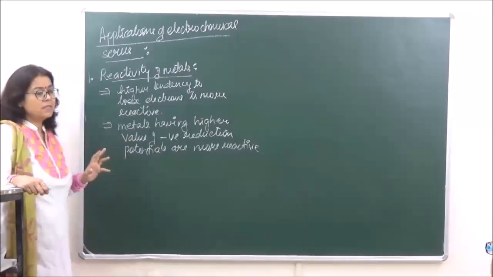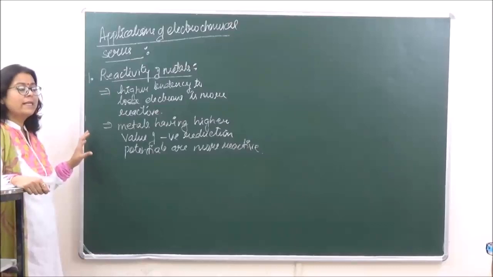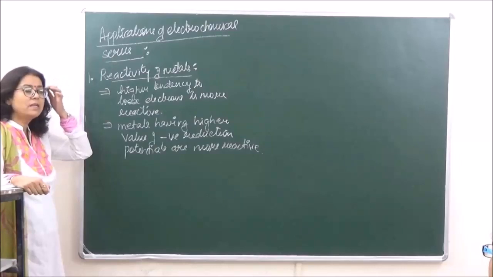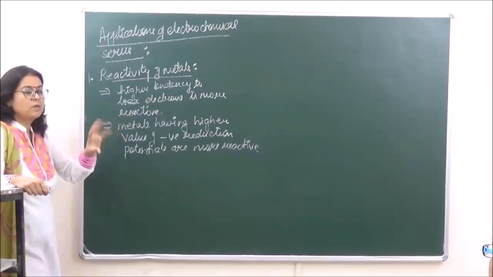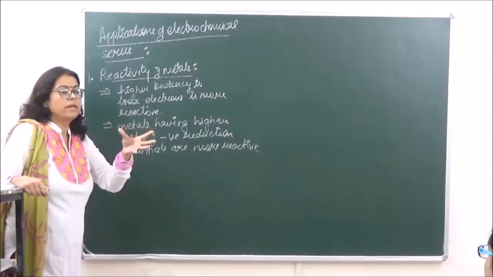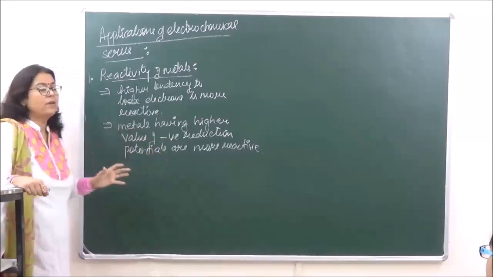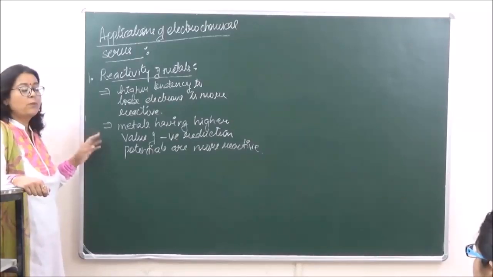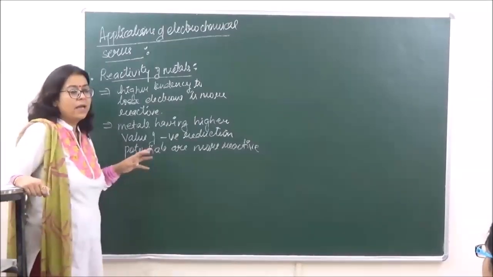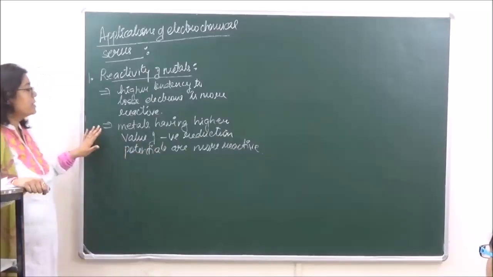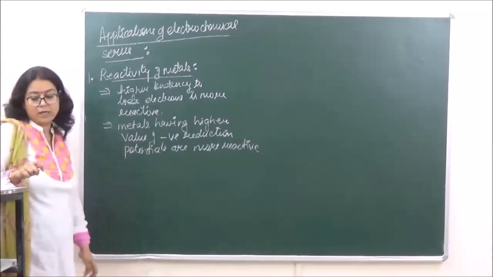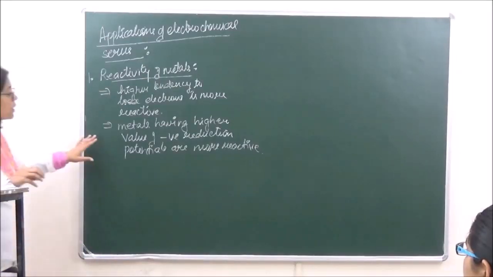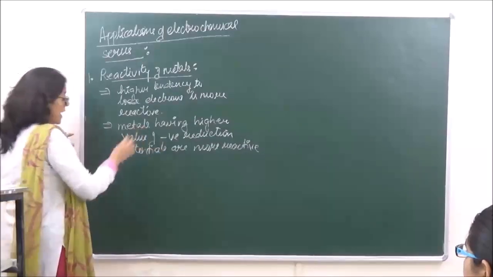In case of lithium, although the ionization energy is high, at the same time the hydration energy of lithium and the ionization energy of lithium, when they are added together, give us the highest value, which you must have also studied in your 11th S block elements, right? So metals which have higher value of reduction potential are going to be chemically more reactive.